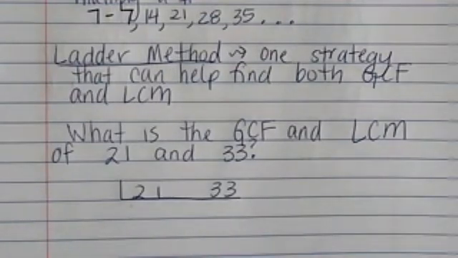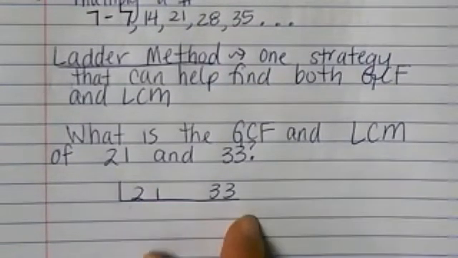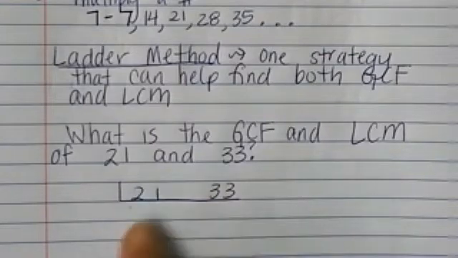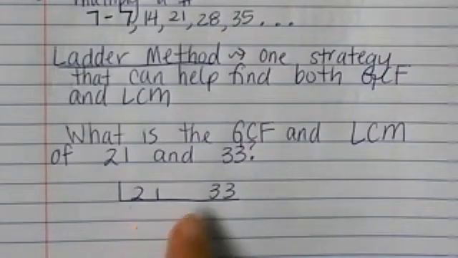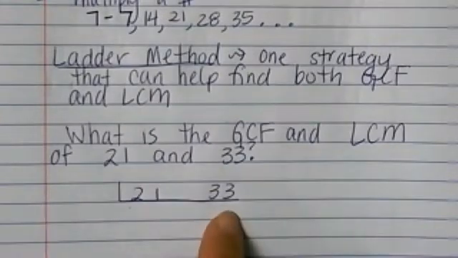We have to use what we know about numbers to decide what can both of these be evenly divided by. I have to think of a number. Usually it should be bigger than 1. I know both of these share a factor bigger than 1. So I need to think of a number that both 21 and 33 can be divided by.